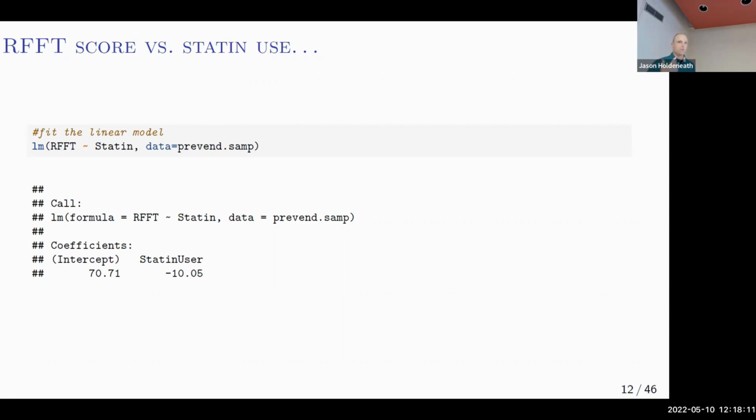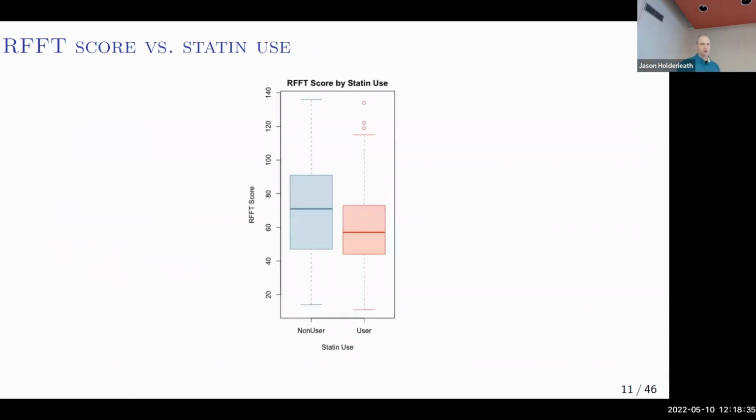If you're looking at someone who is a statin user, you're going to expect them to score roughly 10 points less on this score. So the mean would be something like 70, and the statin users would be 10 points less. That's basically what we saw in this picture.